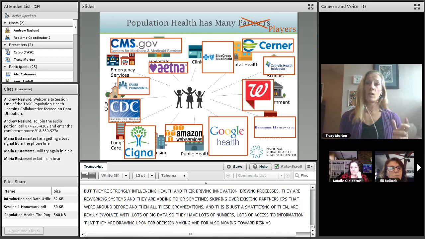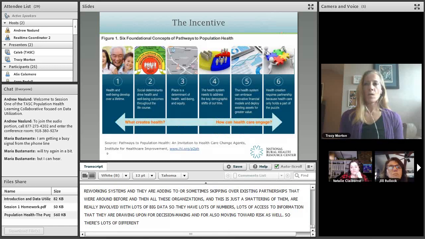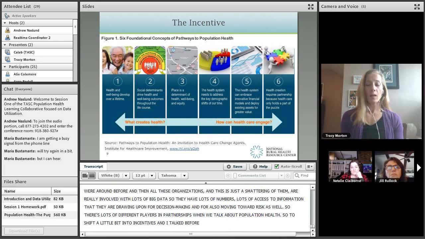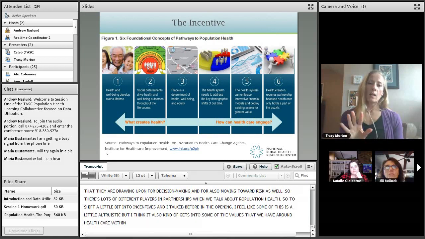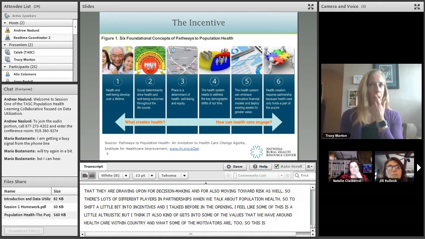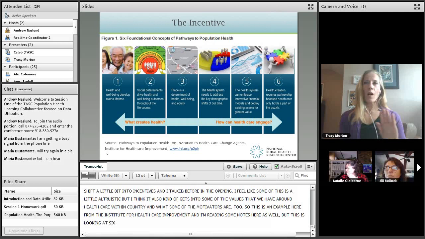They're driving innovation, they're driving processes, they're reworking systems, and they're adding to or sometimes skipping over existing partnerships that were around before. All of these organizations, and this is just a smattering of them, are really involved with lots of big data. So they have lots of numbers, lots of access to information that they're drawing upon for decision making and also for moving towards risk. So there are lots of different players now entering the sphere of partnerships when we think about population health.